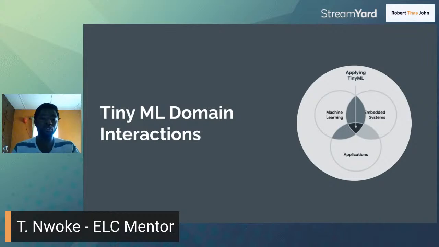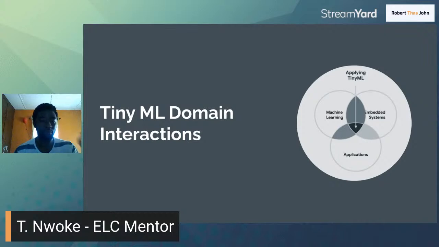So the idea is to understand why and how to apply a certain TinyML solution to a problem. And that is how the interaction between these three core domains comes into play.